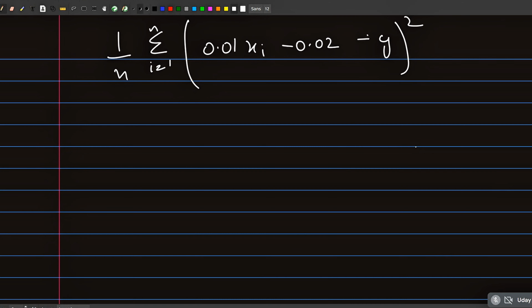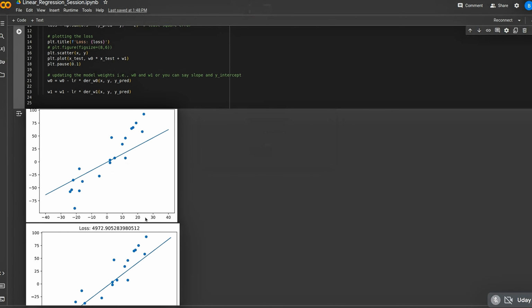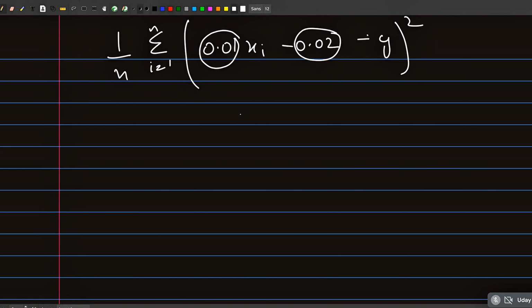Now what will happen? These values 0.01 and 0.02, as we move along the iterations, the slope and the intercept were changing. So rather than keeping them constant, I will take some variables to denote them. Say I take mx plus c, so m into x i plus c minus y.